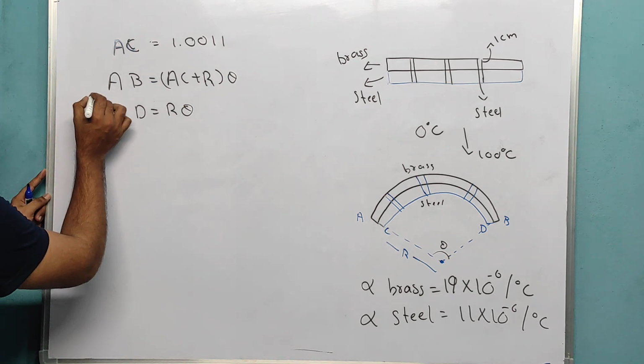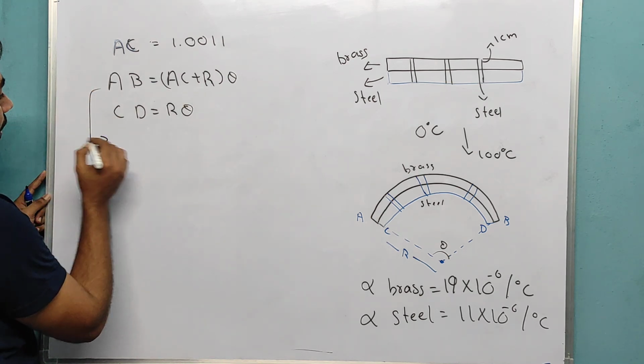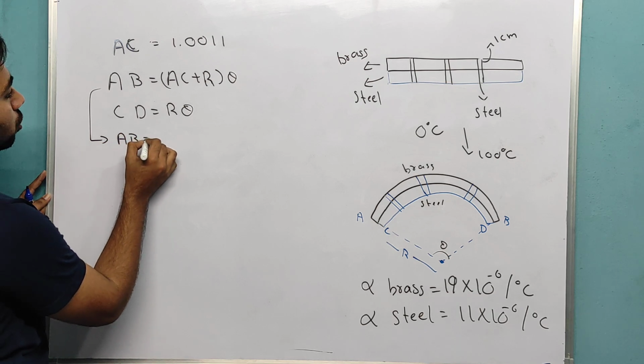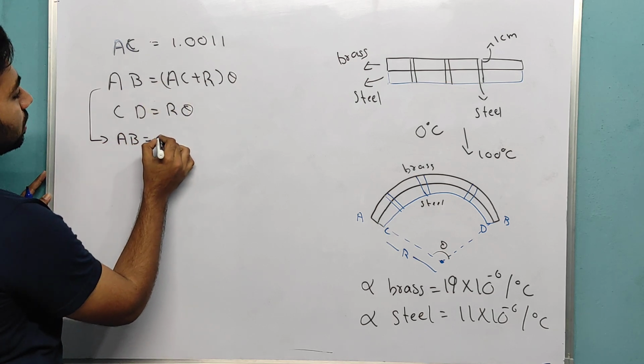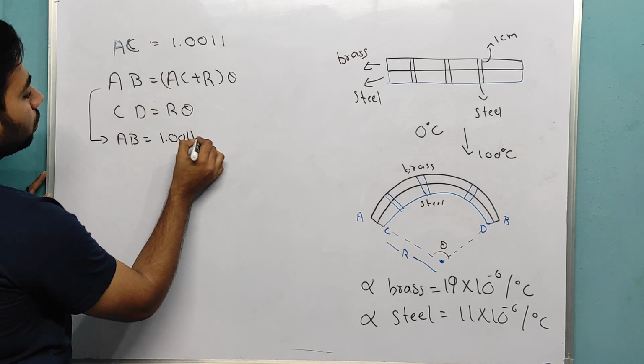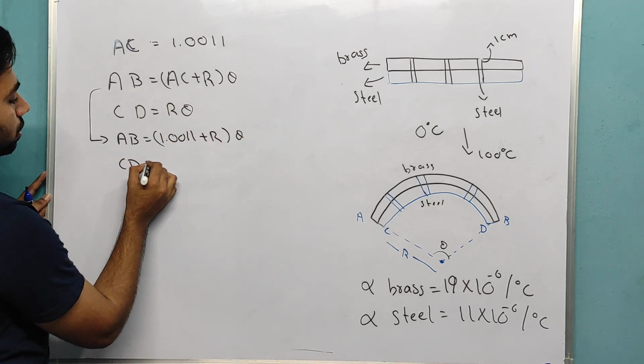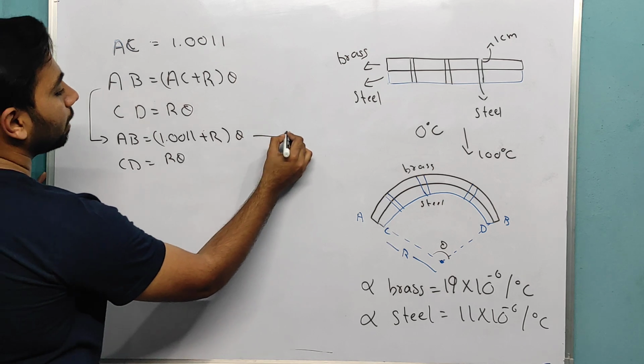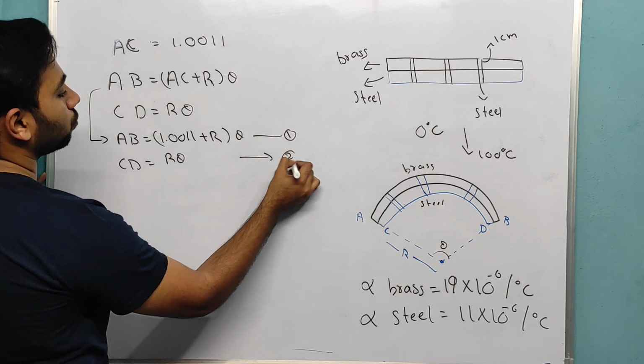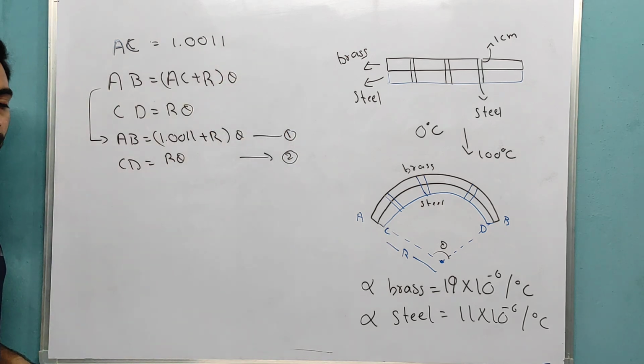Okay, fine. Now let me start. AB value is equal to AC value, which is 1.0011, plus R into theta. CD value is equal to R into theta. Make it option 1, make it option 2.